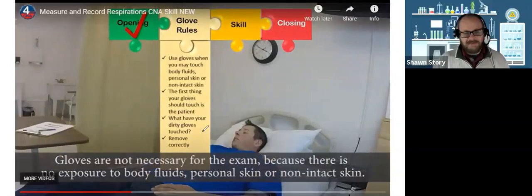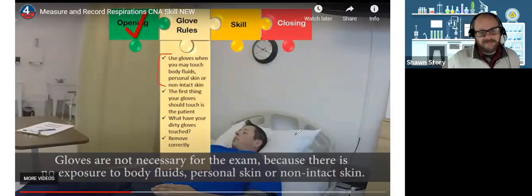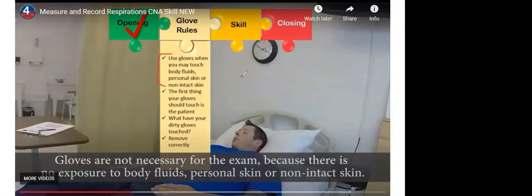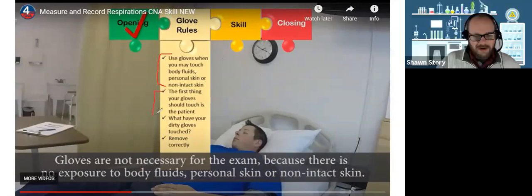All right. Glove rules. Who could read our first glove rule? Use gloves when you may touch body fluids, personal skin, or non-intact skin. Very good. Next one.